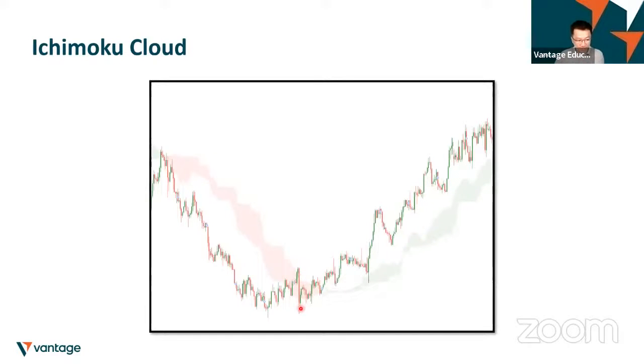It shoots back down again, and then it tests within this area before it breaks out of that red area and the cloud turns green. You see price now above that green cloud, signaling that upward direction for price to move towards. And that's a quick, simple explanation of how we use the Ichimoku Cloud.